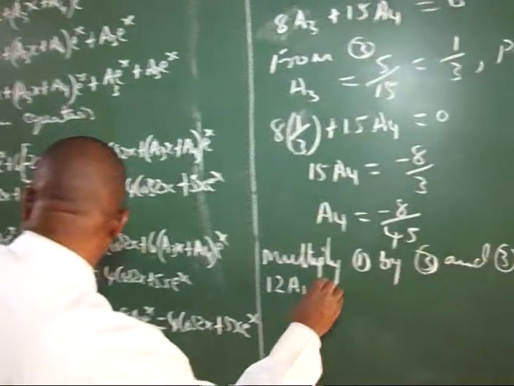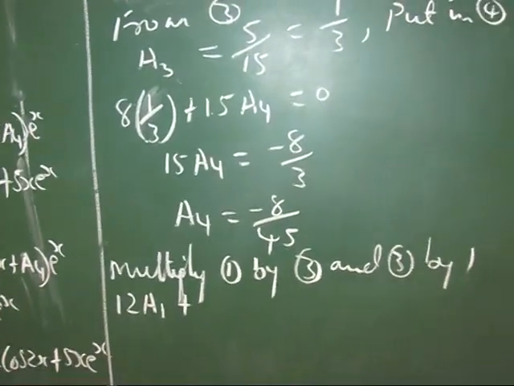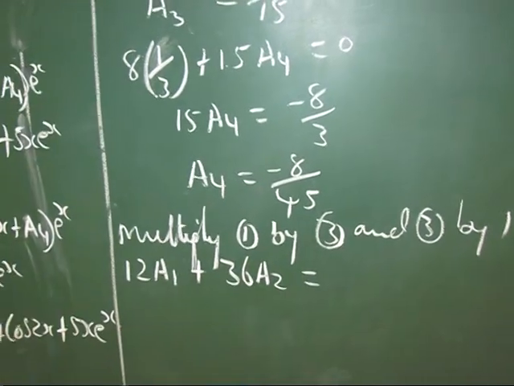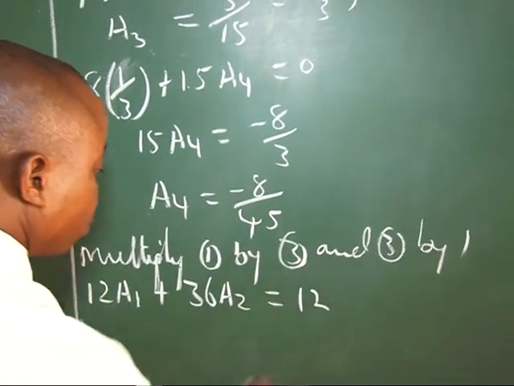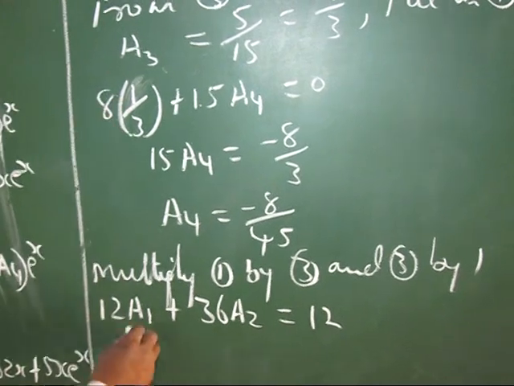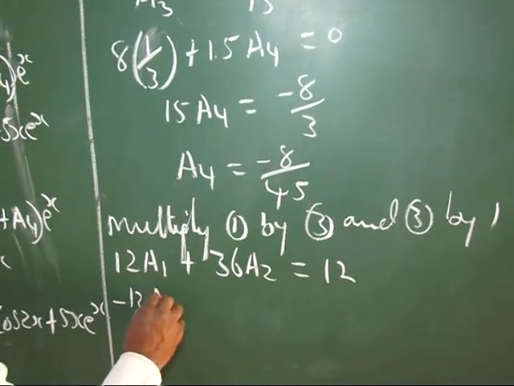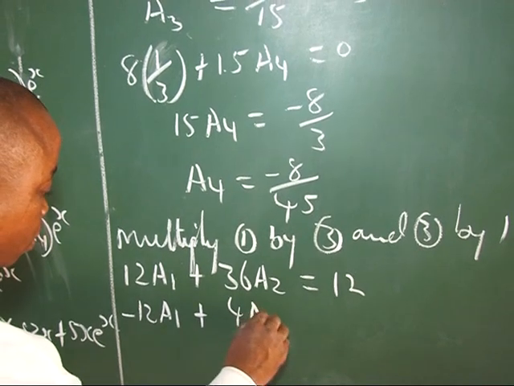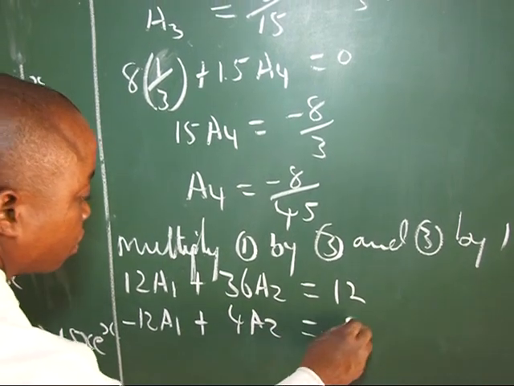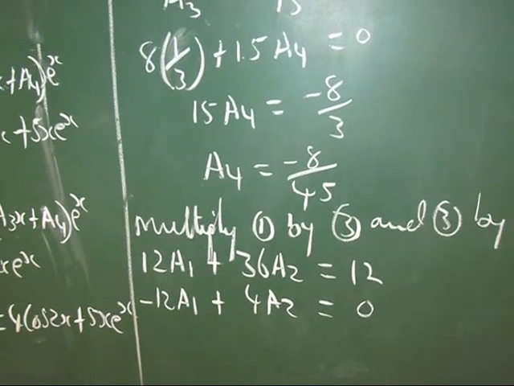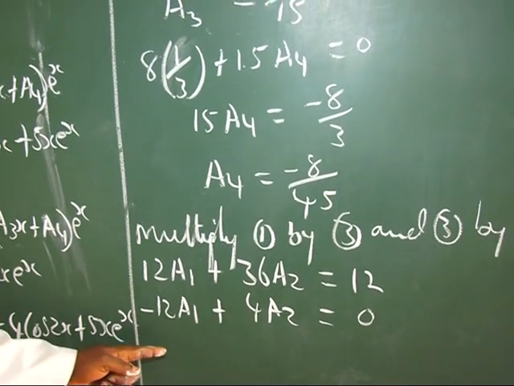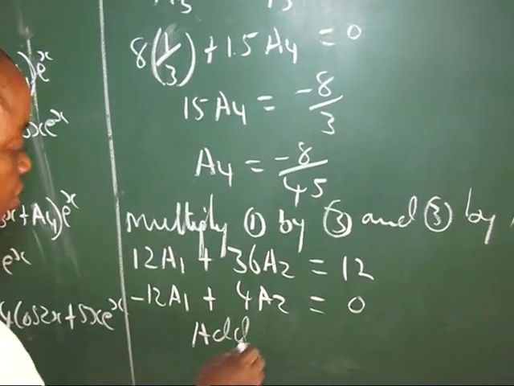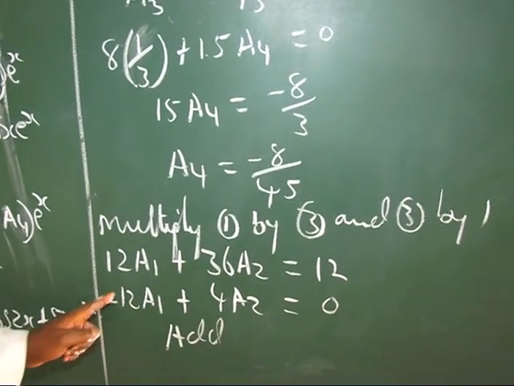If we multiply this by 3, we will have 12a1 plus 36a2 equal to 12. Then this side becomes minus 12a1 plus 4a2 equal to 0. Now, in that way, if we add these two, this will go.